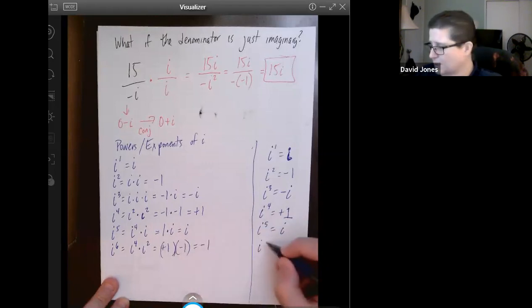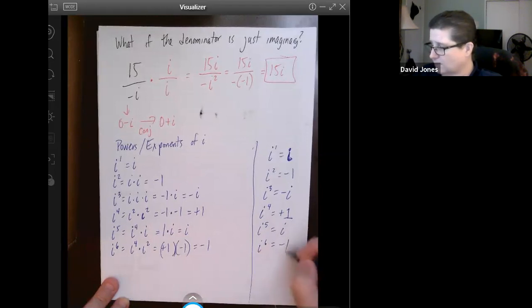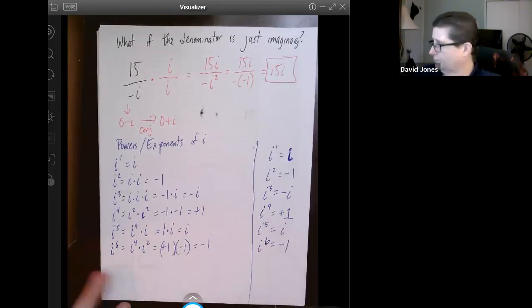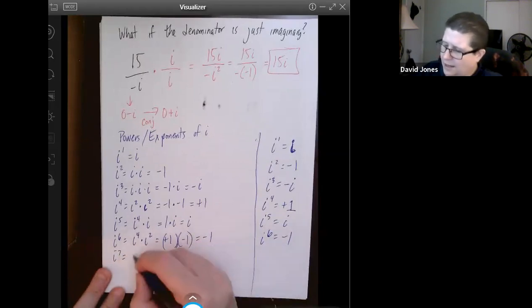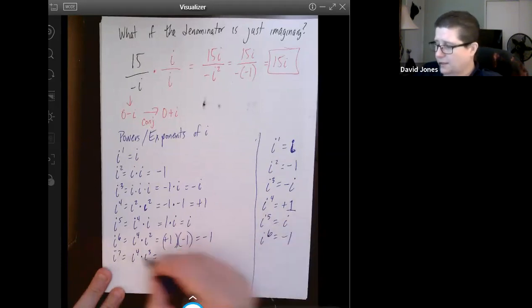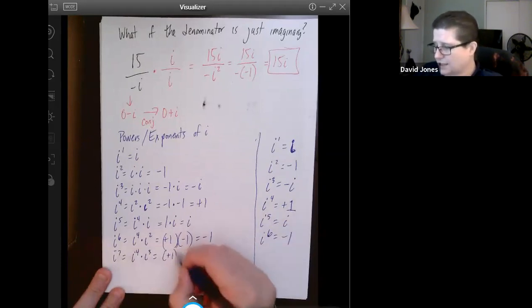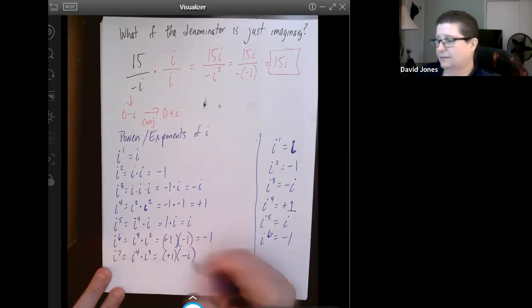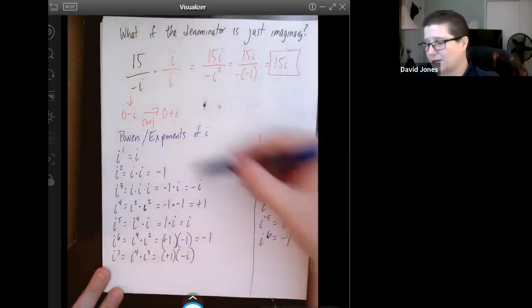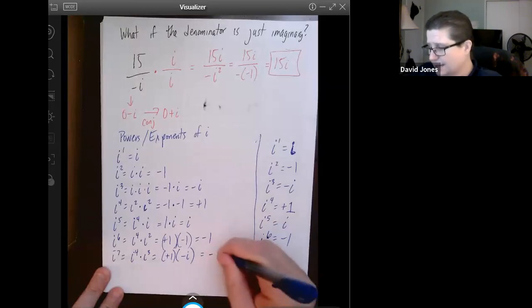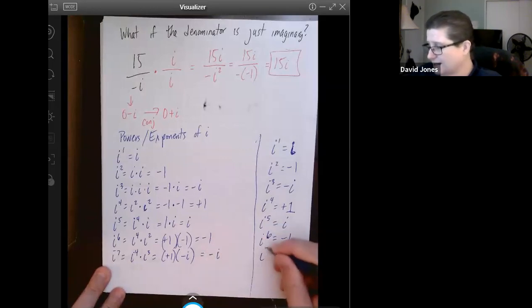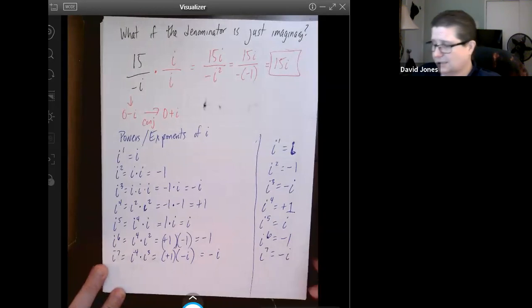So i to the 6th power is negative 1. i to the 7th power, i to the 4th power times i cubed. This is positive 1 times negative i. I'm just pulling these values from up here, from i to the 1st to i to the 4th. This just gets me negative i. So i to the 7th equals negative i.